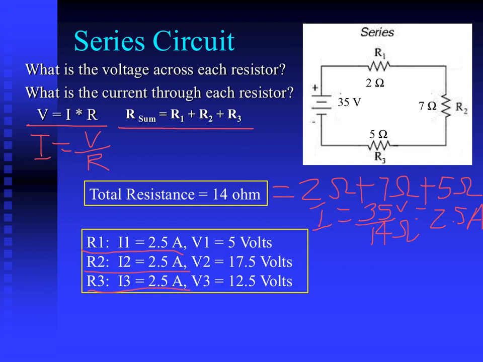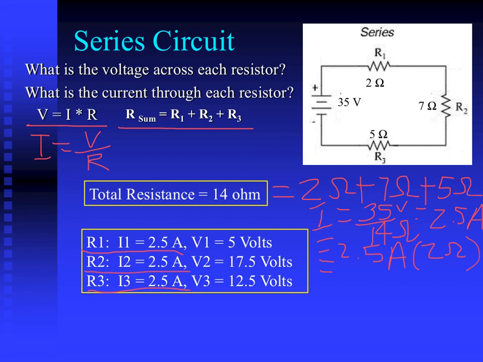Again, using Ohm's law, the voltage V1 is going to equal the current times the resistance. So that's going to equal the 2.5 amps times the resistance, which is 2 ohms, which is 5 volts.